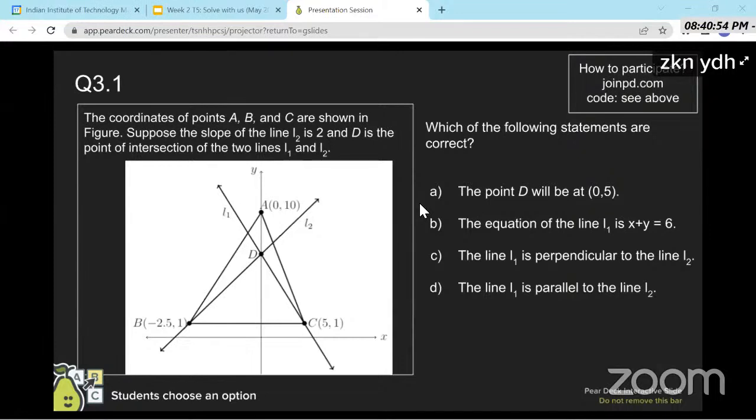So maybe I'll not ask you to give me the answer. Or maybe I can ask you, you can give me some different approach. I don't think any other approach should be there. Maybe somebody will be thinking of symmetry of the triangle, but that cannot be done, I guess.